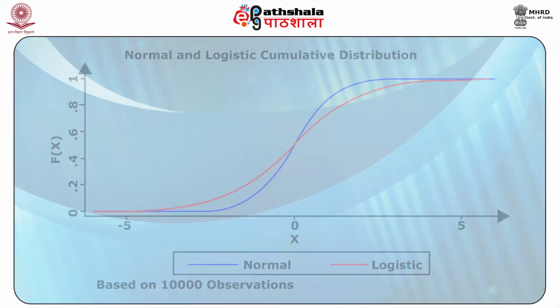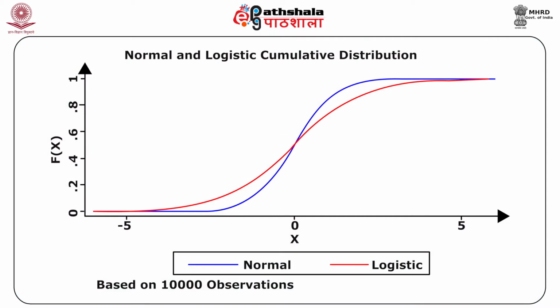So we have this graph in which we have the normal and logistic cumulative distributions. We have one for normal, the second is for logistic. And I am sure you can observe that on the x-axis we have the values of x, and on the y-axis we have capital F(x), which is the cumulative distribution function.